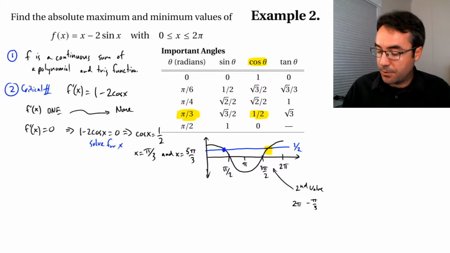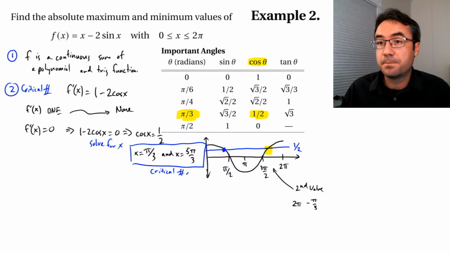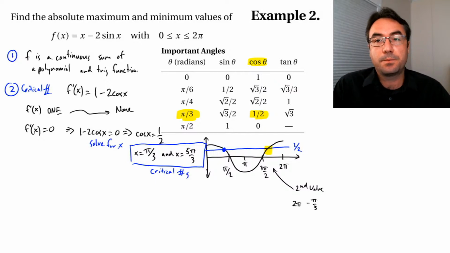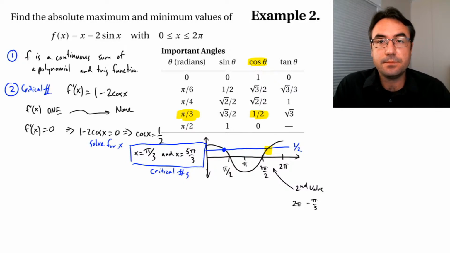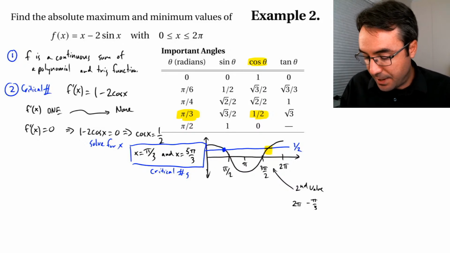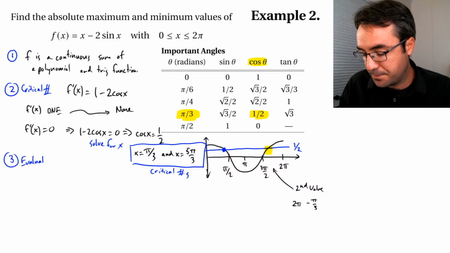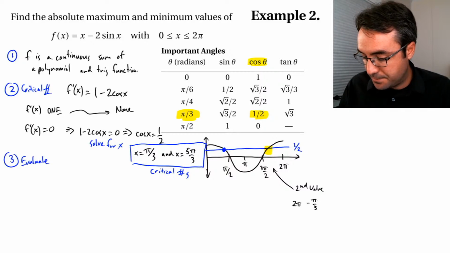And so those are our critical numbers. The derivative is equal to 0 at pi over 3 and 5 pi over 3. All right, so we found our critical numbers. Now we just need to evaluate and then compare.